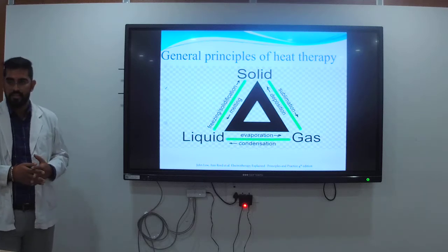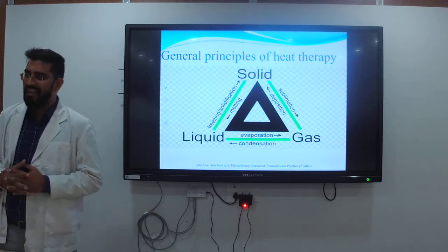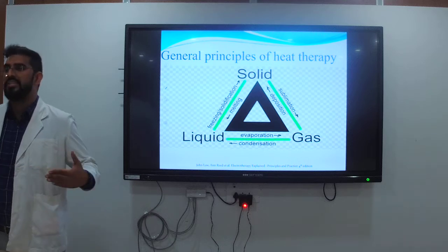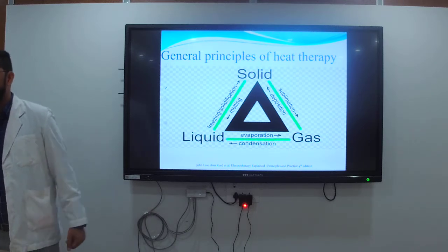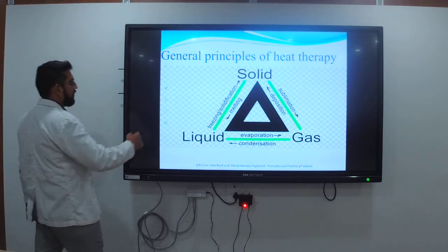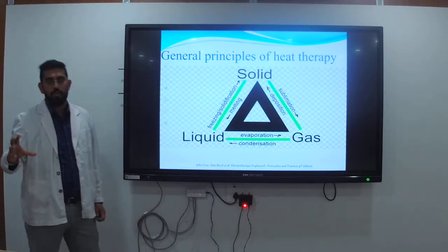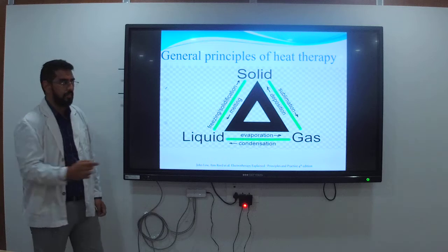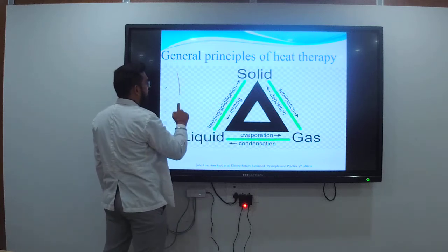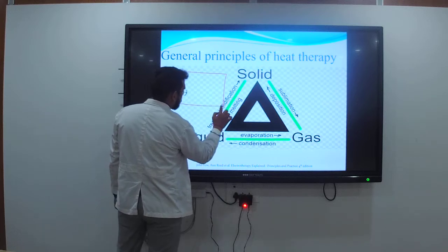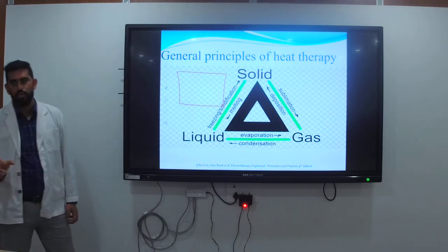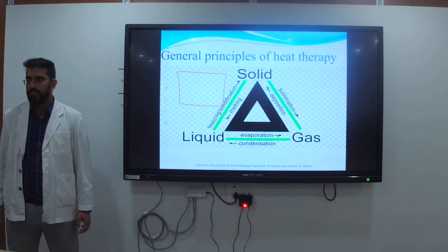Muscle has the tendency to contract and relax, and it also has the ability to get stretched. Now if we talk about a muscle segment, according to the physics concept, muscle is termed a solid form.